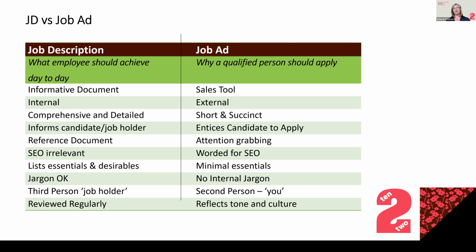What we know, we see it every day, but we also know from research, is that if you put a long, long list of essentials, then a woman in particular will only apply if they can literally tick 100% of them. And a man will apply if they can tick 60 to 70% of them. So you don't want to restrict your candidate pool by listing a great long list of essentials.